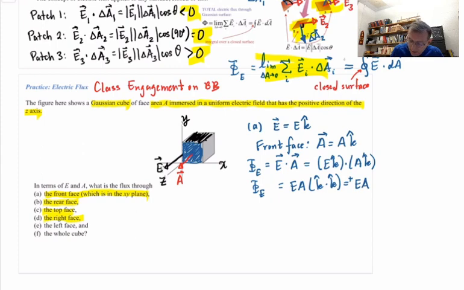That would be this one right here. Then the electric flux through the left face. That would be the one opposite the right one. And then finally, the electric flux through all 6 faces together, the whole cube. Okay? And that's what you answer on Blackboard.